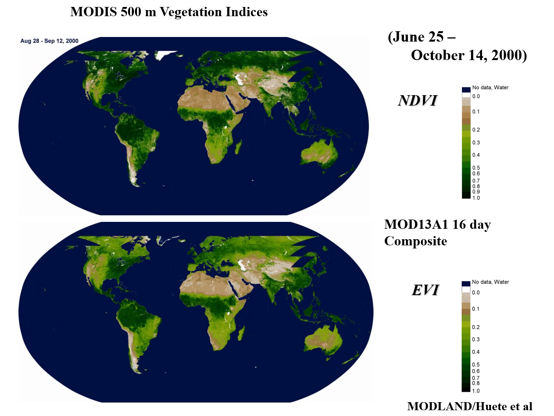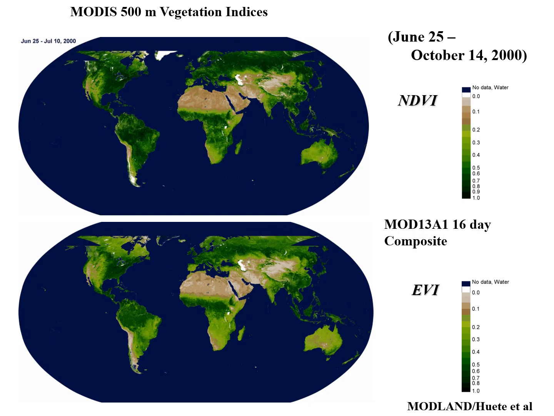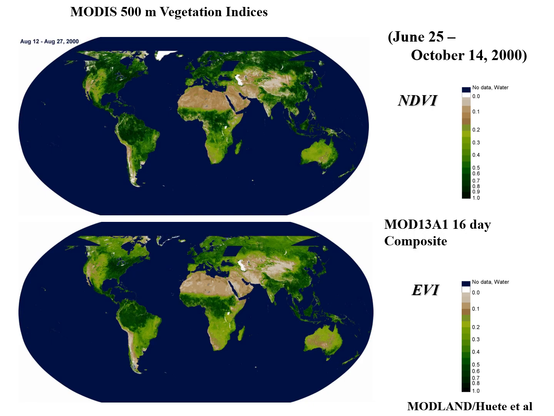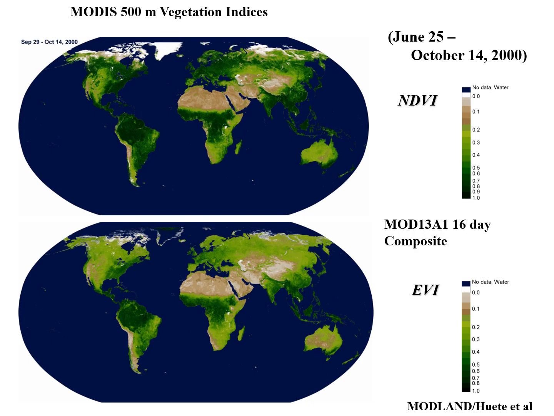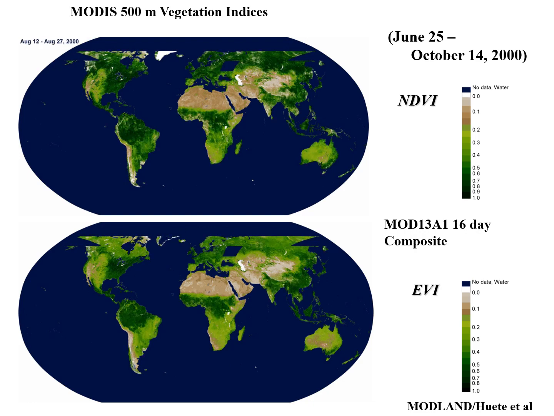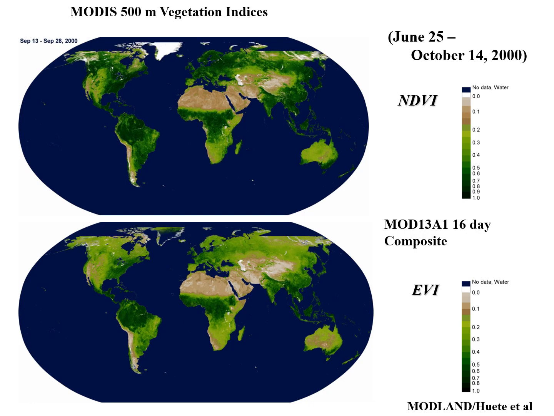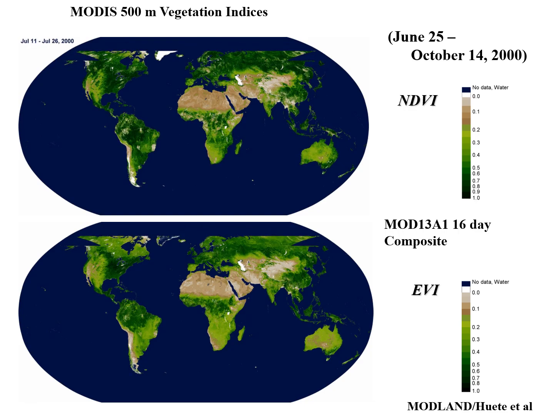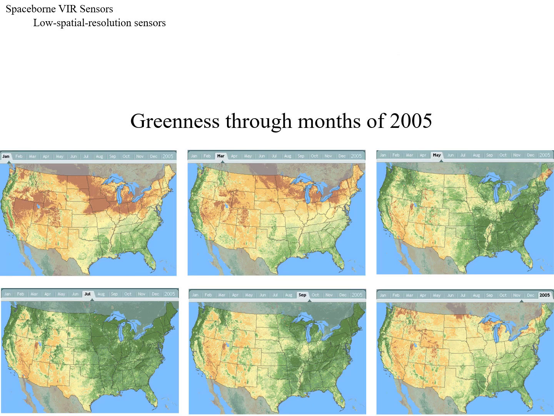And so there's some added greenness: these evergreen forests, whose canopies don't change very much in greenness, the canopy as a whole, when you include the ground surface, does in fact get greener and less green over time. And here's just another example of this, of greenness through the months of 2005, and showing in particular how the very dry areas of the Midwest and the north central states become green over the summer months and then back down to brown.